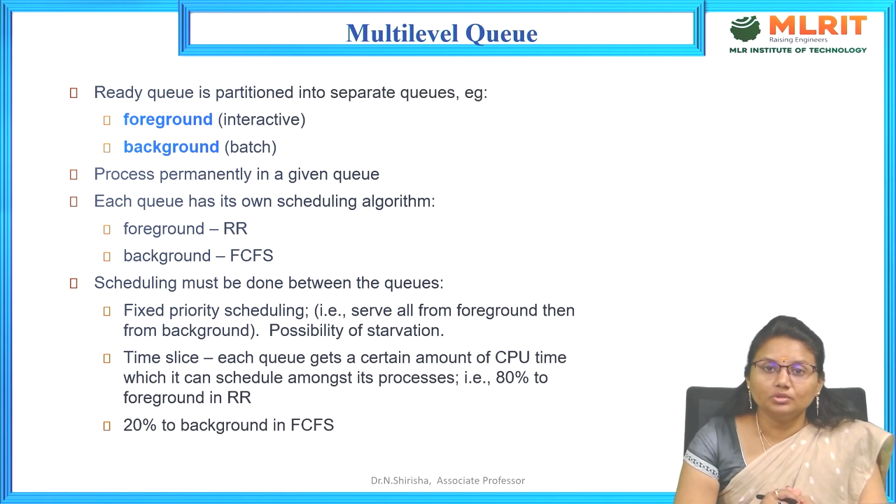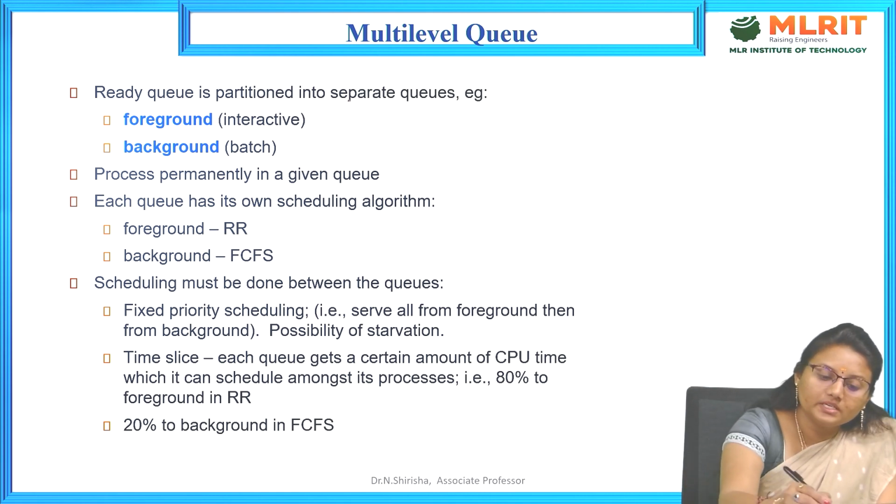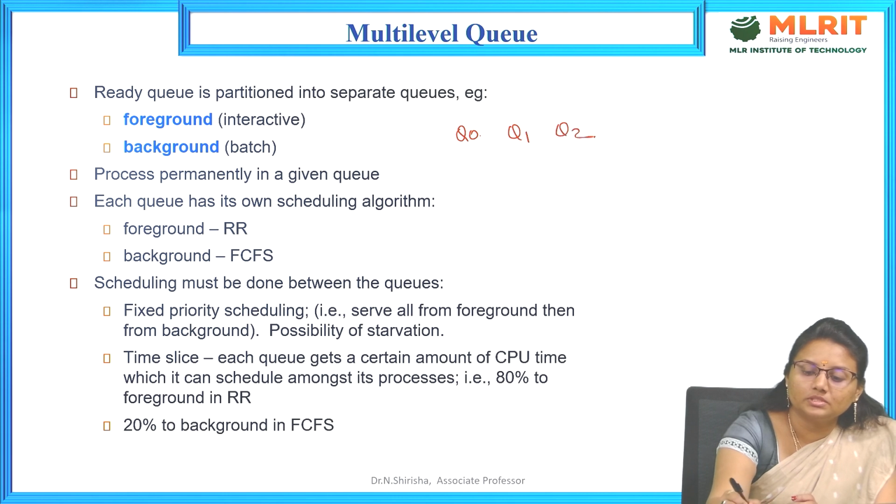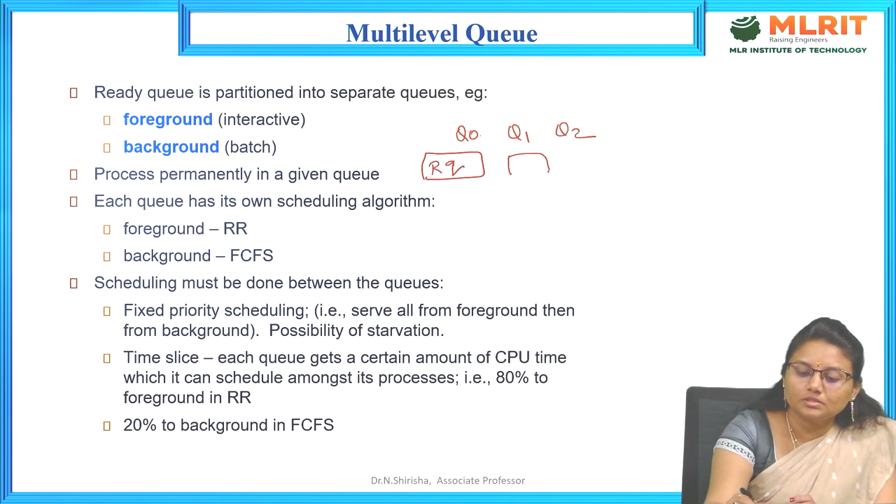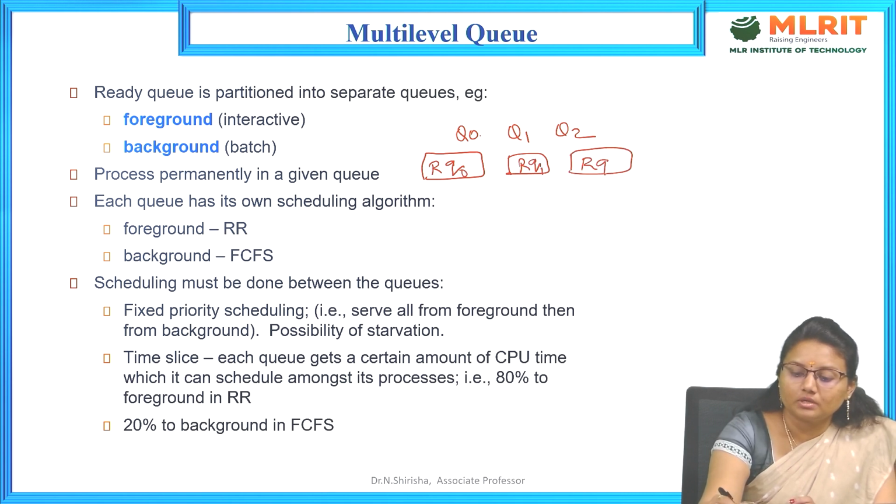If there are 3 ready queues, say Q0, Q1, Q2, sequentially Q0 will complete its processes. There is a ready queue for Q0, a ready queue for Q1, and a ready queue for Q2.